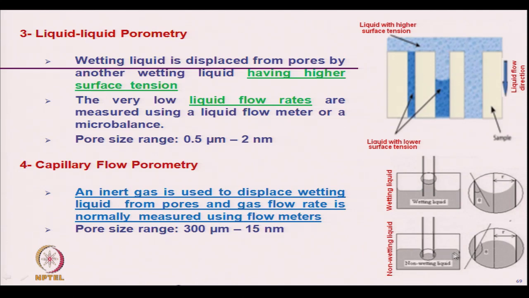So, here the porous material is initially filled with the liquid and an inert gas is flown through the material, and that inert gas will displace the wetting liquid and the gas flow rate is measured, okay. And this gas flow rate actually shows the pore dimension.